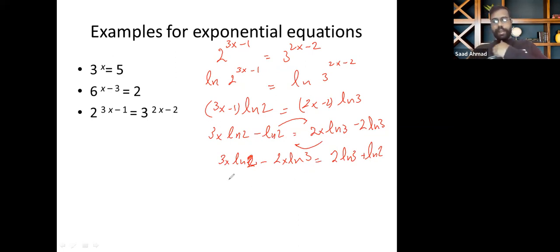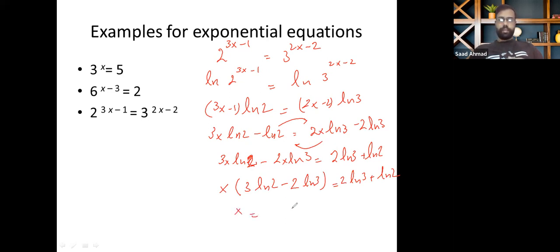Now we take the x as common from these two terms here. We get x times the difference. Then we divide on the other side.